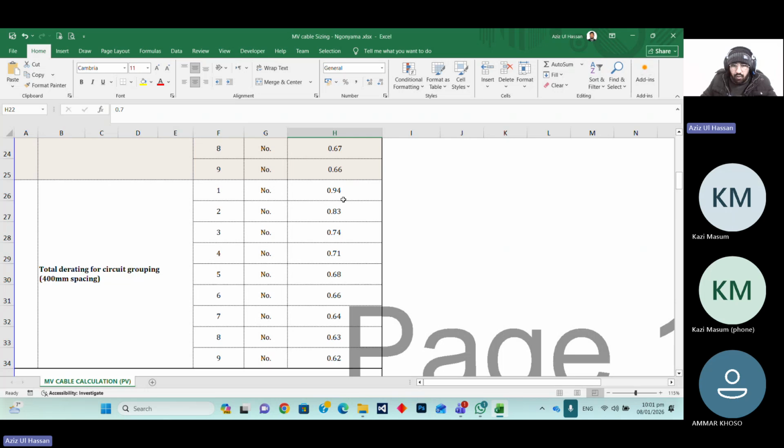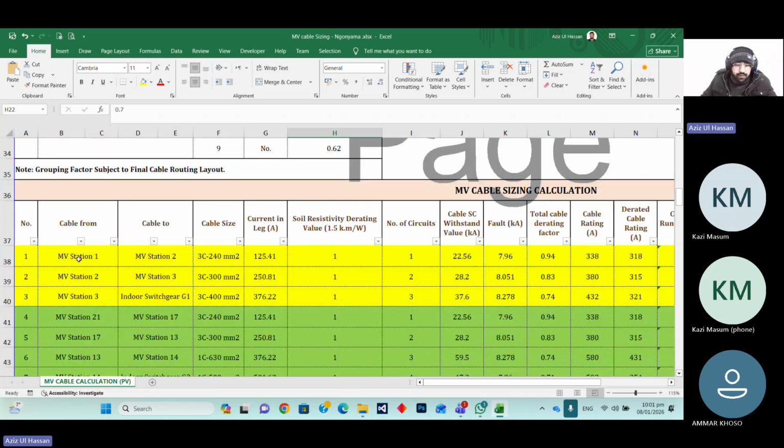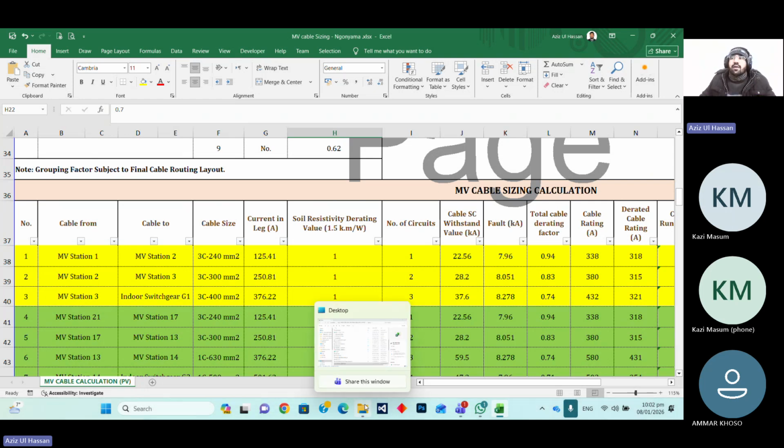Okay. Now, in case of MV transformer, I will show you MV sizing. I don't have any specific MV layout.